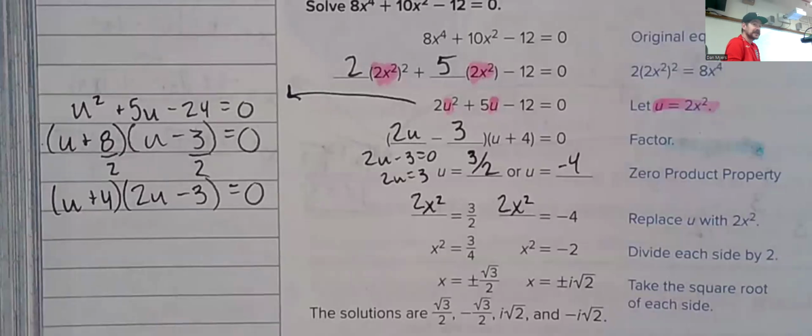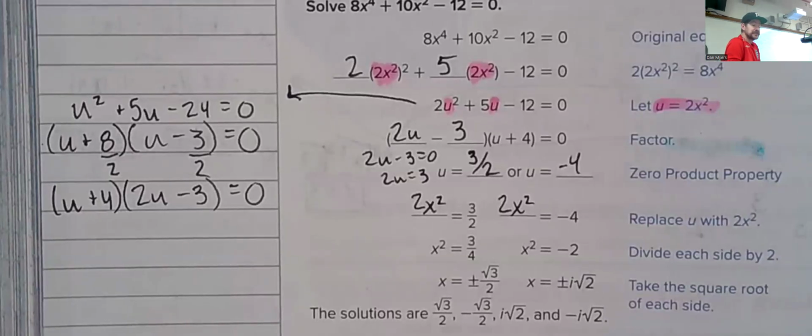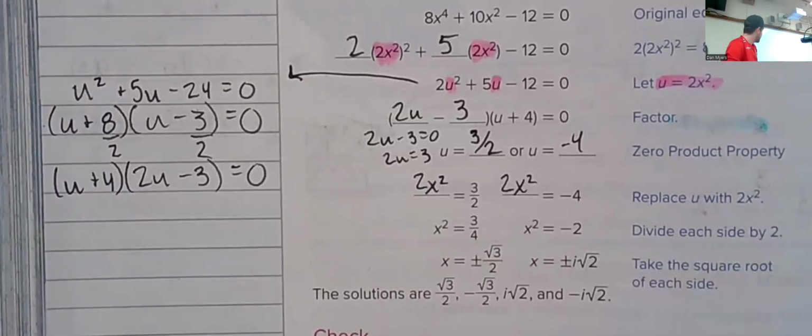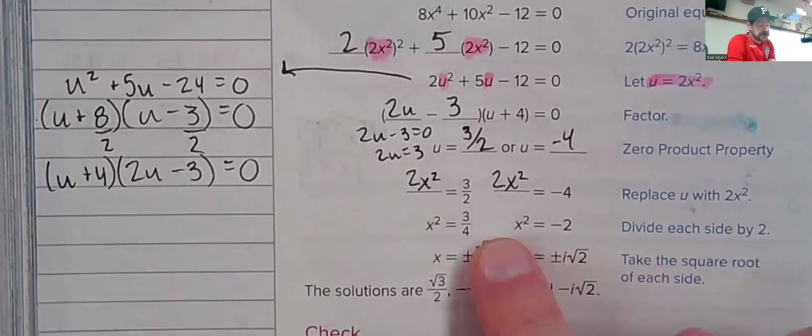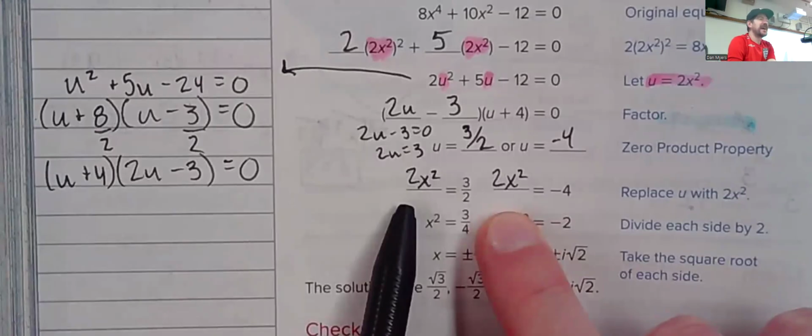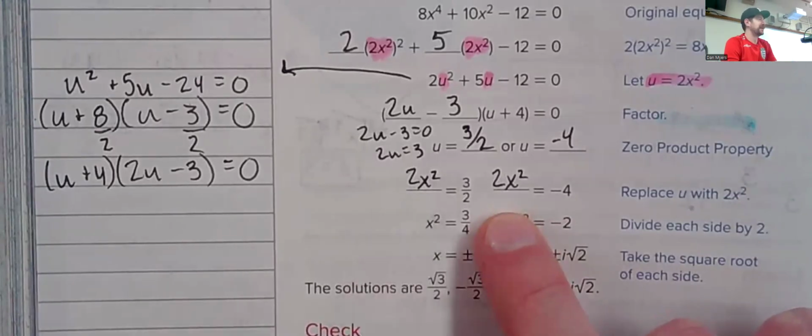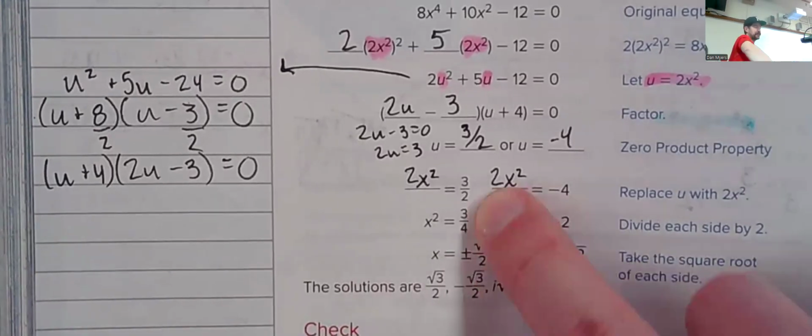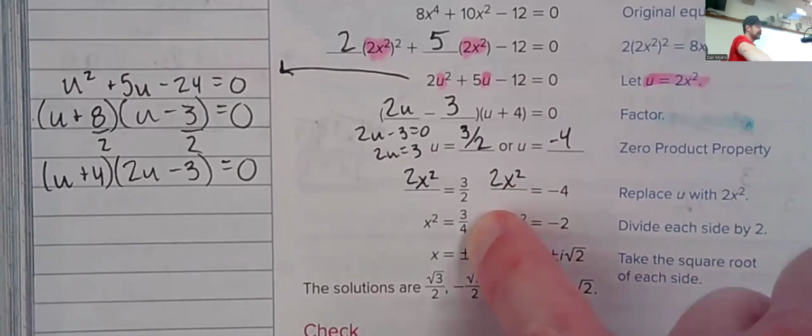And then we solve for x. So on the left side, you divide by 2 to get the x squared by itself. So 3/2 divided by 2. Anytime you divide a fraction by 2, just double the denominator. So 3/4. X squared is equal to 3/4.